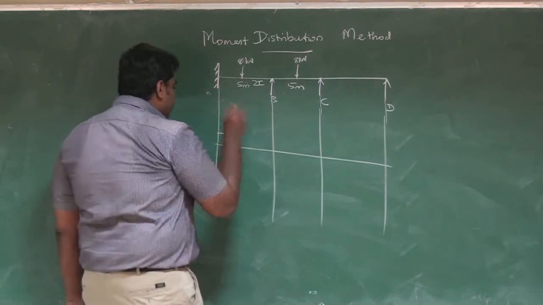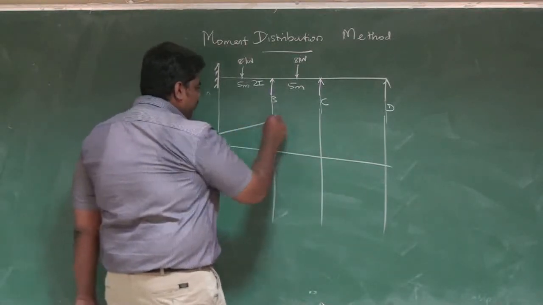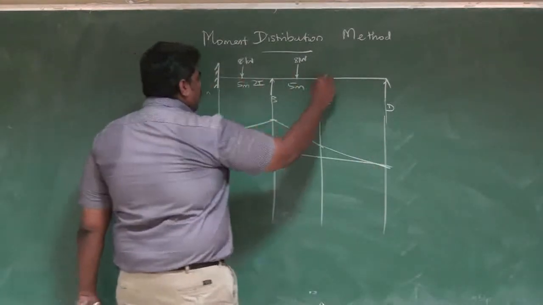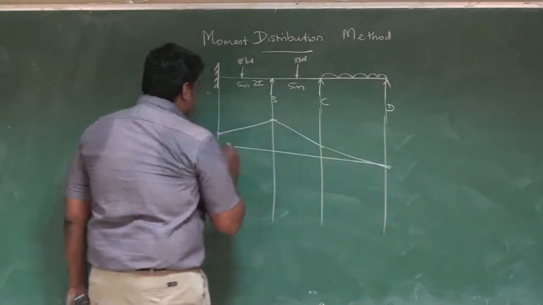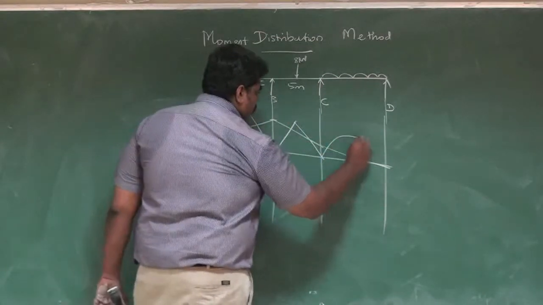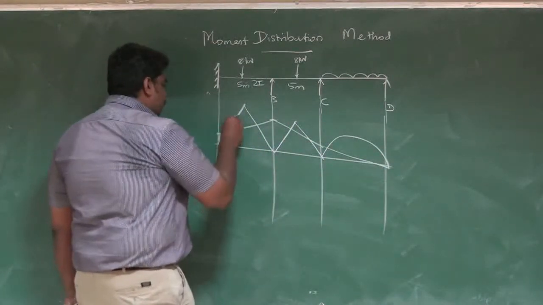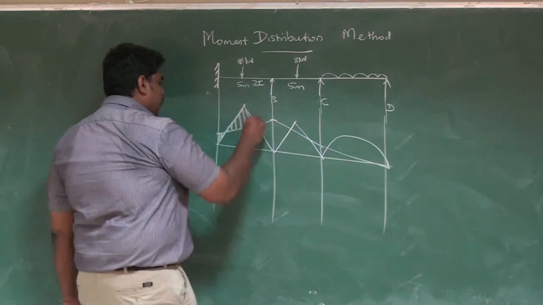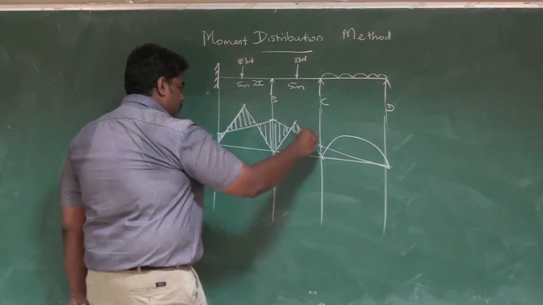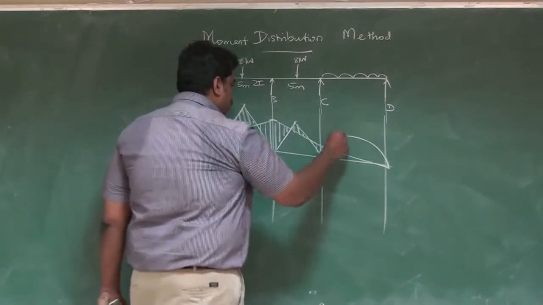Left negative should be drawn above the base, right positive above the base. So likewise you will have a value. Here if you have a UDL, assume I have a UDL, the bending moment diagram is going to be like this. This will be the shaded portion, which will be your bending moment diagram. Right? So is it clear?